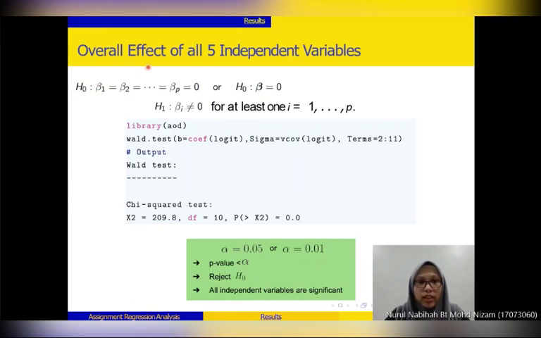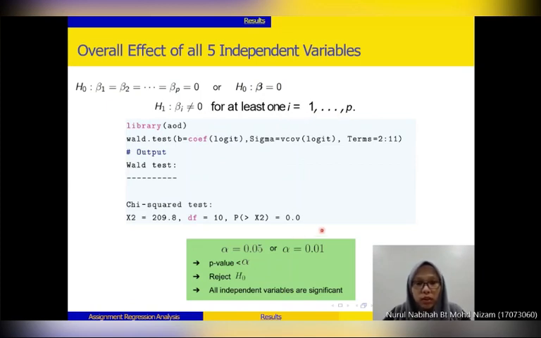Now let us see the overall effect of all 5 independent variables in our logistic regression model. The Wald test is also used here, and we let H null be beta 1 equals beta 2 equals all variables until beta 5 equals 0, and H alternative be beta i not equal to 0 for at least one i, where i is 1 until 5.